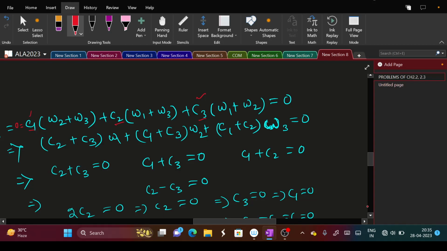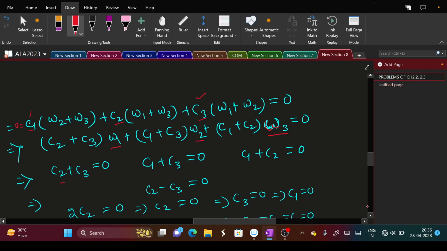Similarly, what about W3? Its coefficient is C1 plus C2. This is equal to 0. Here W1, W2, W3 are three linearly independent vectors. That means their coefficients must be 0.